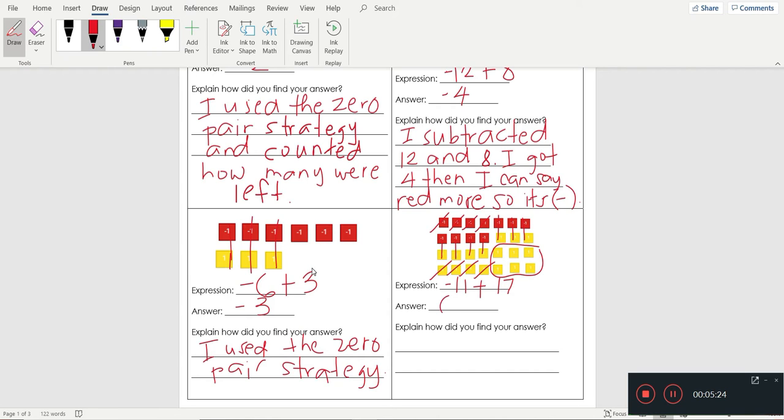So positive 6, right? As you can see here, there are more yellow, so that's why the answer is positive. So you will say, I subtracted 17 and 11. I got positive 6. So that's how you say it. So super easy, and it's so nice that you can see visually how it works.